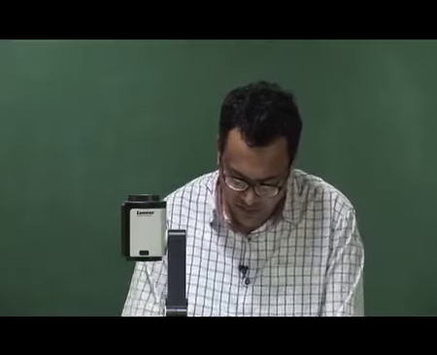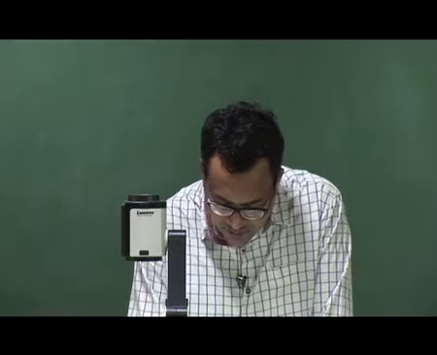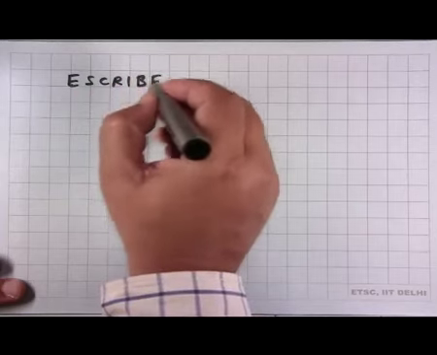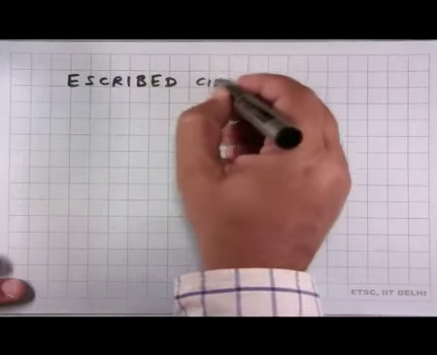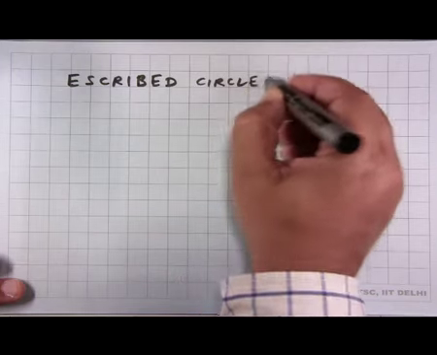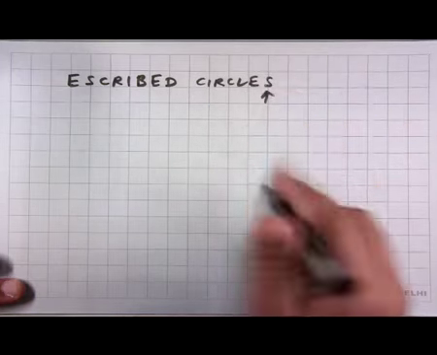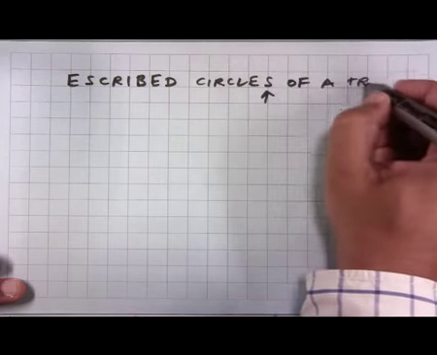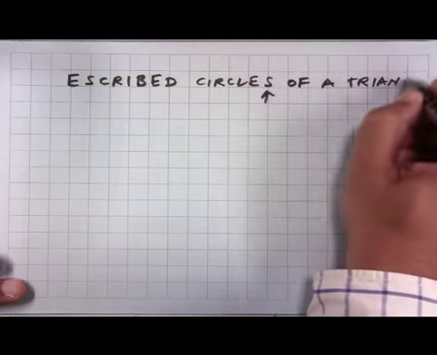This circle is called the ascribed circles, and please note this S over here, ascribed circles of a triangle.